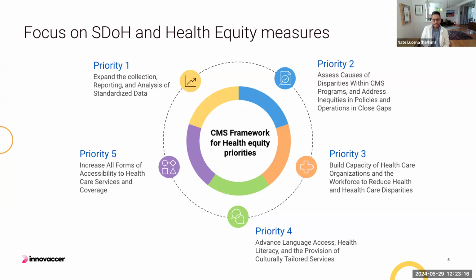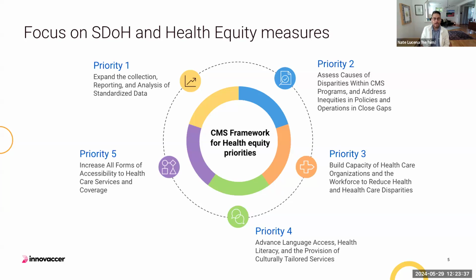If you're missing data, and that data is more likely to be missing in the groups that you're trying to help, where you need to identify these barriers, then your ability to do priority 2, 3, 4, and 5 in ways that actually promote equity as opposed to sort of misidentifying the problem is going to be really difficult.